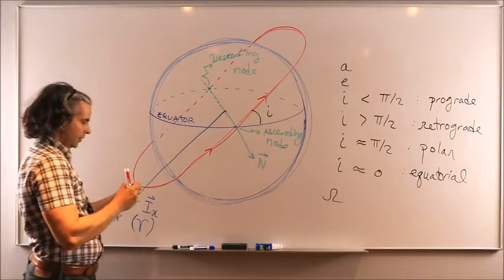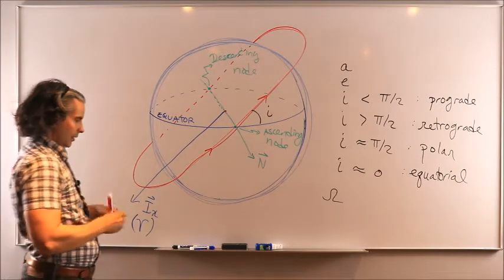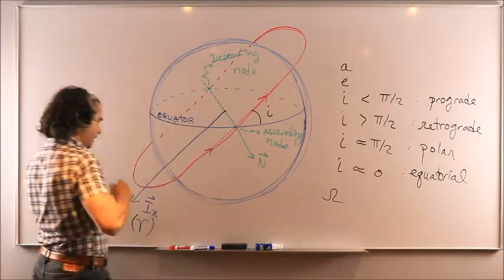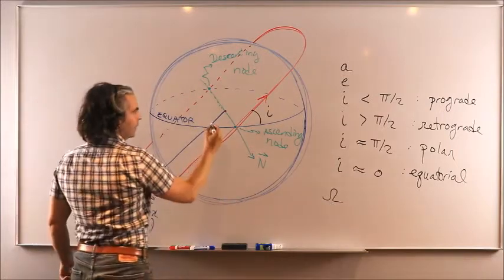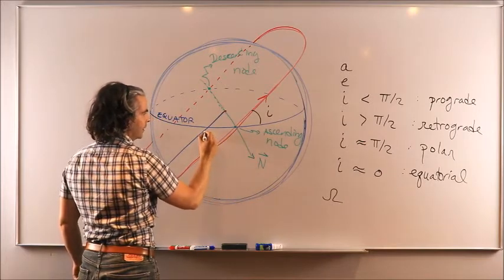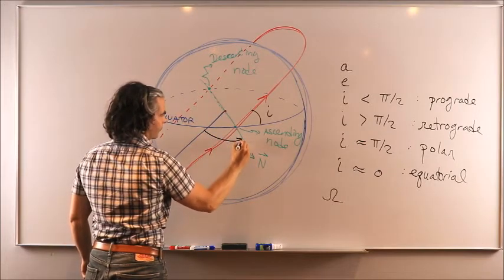All right? So, all this to say that RAAN is the angle between Ix and the unit vector that defines the ascending node direction.